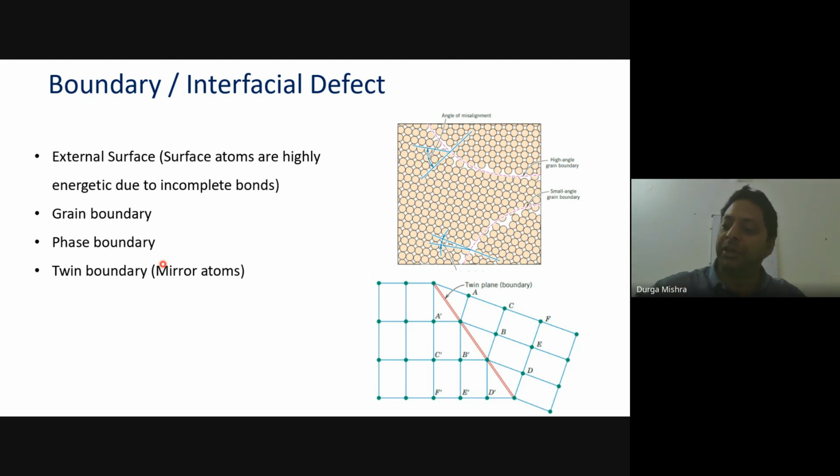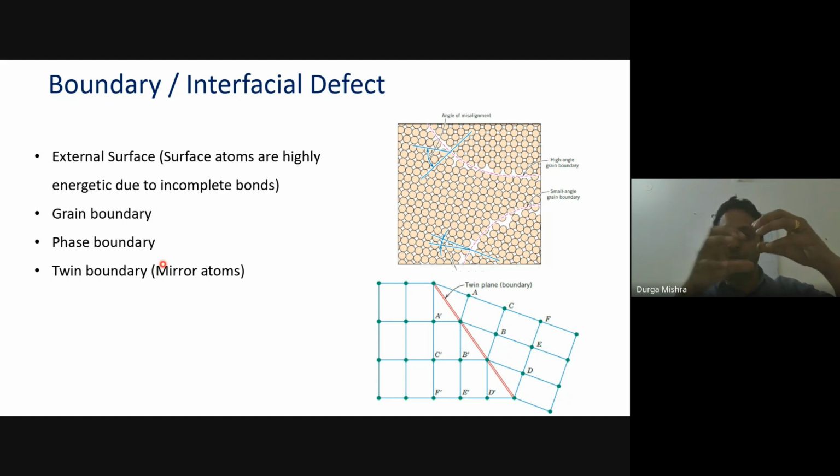The first interfacial defect is due to the external surface of a material. If I take any material, there is always a surface, and there are atoms on that surface. As I said earlier, those atoms have incomplete bonds.